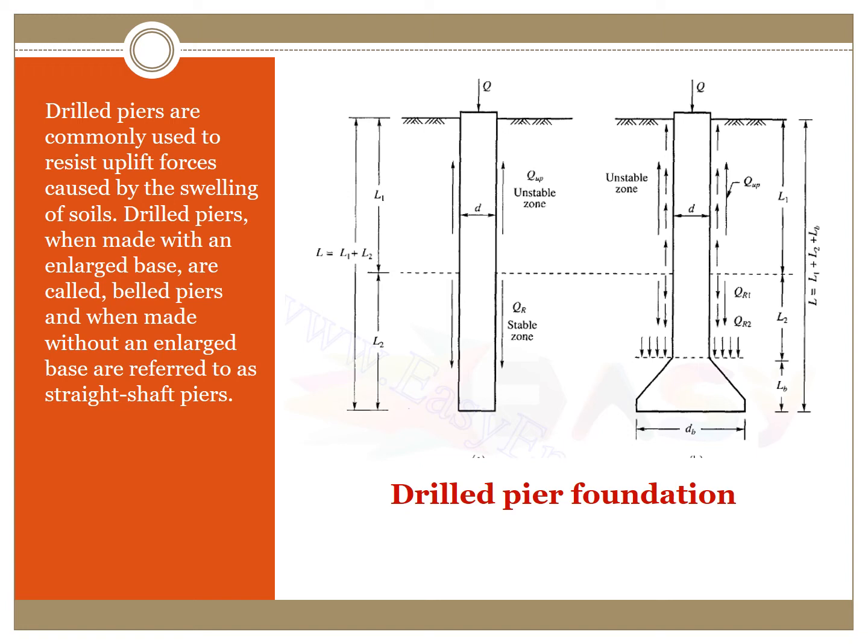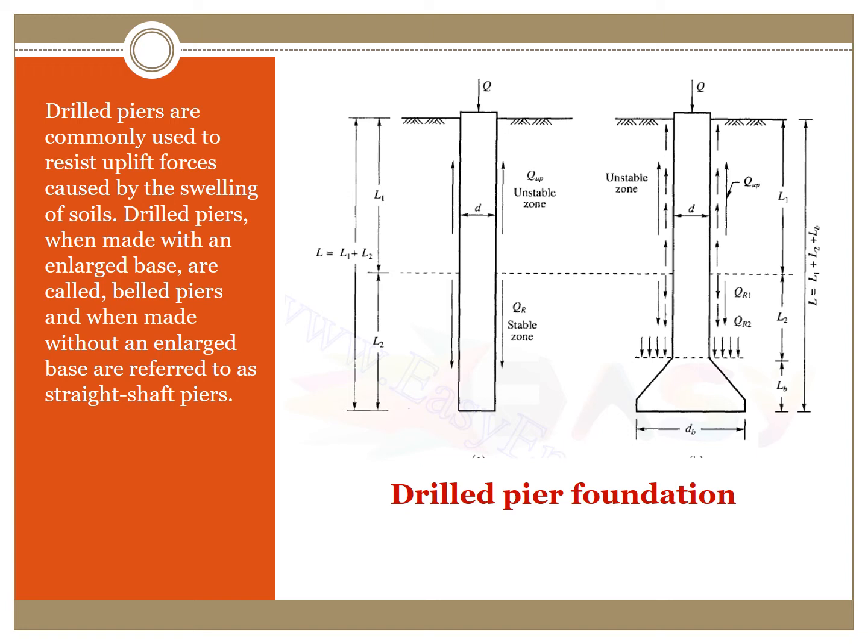Next type of foundation is drilled pier. Drilled piers are commonly used to resist uplift forces caused by swelling of soil. A drilled pier is a large diameter concrete cylinder built into the ground. For construction, a large diameter hole is drilled into the ground and then filled with concrete.